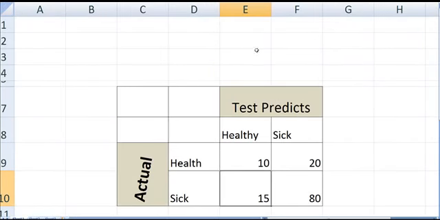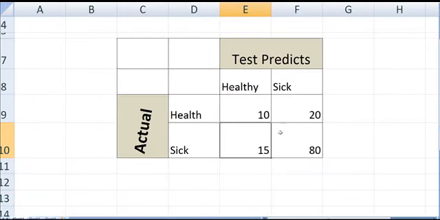All right, well, I think it's clear that this one is the most important error, because here the test is saying they're healthy, but they're actually sick.